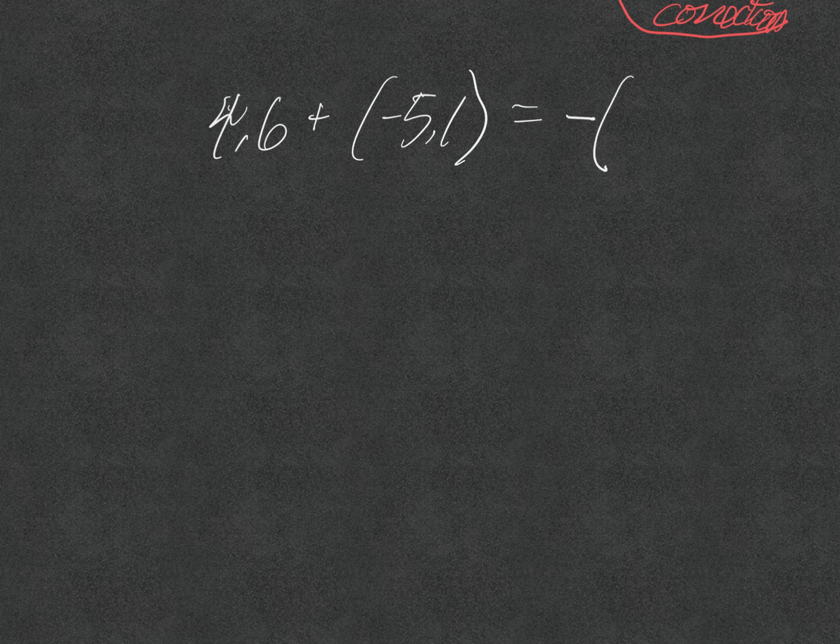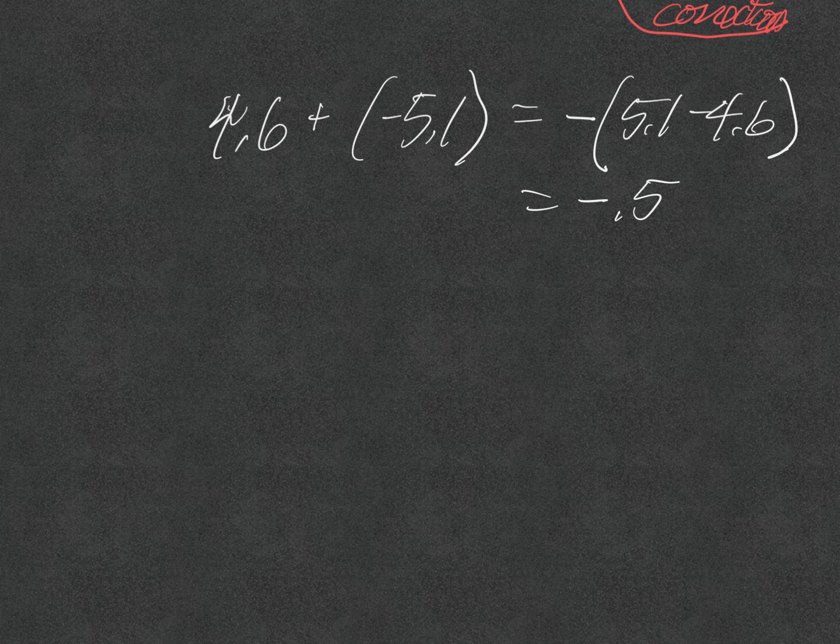If you have 4.6 plus a negative 5.1, I know since the negative has the greater absolute value that my answer will be negative, and then I just do 5.1 minus 4.6, right? And so I get negative 0.5.